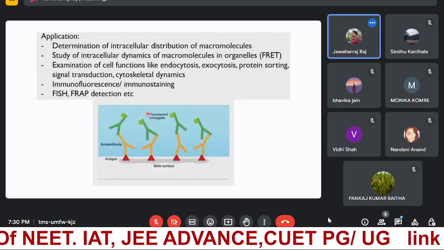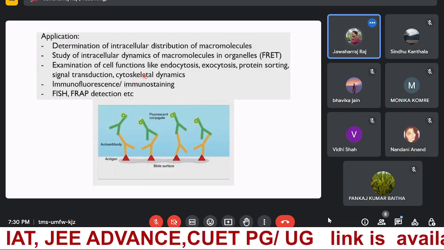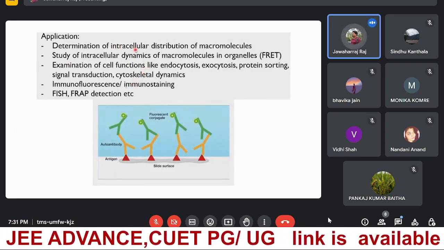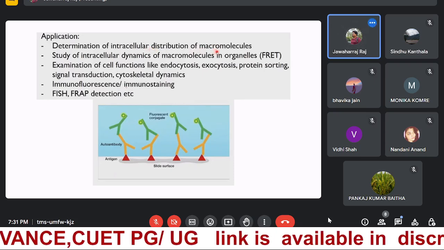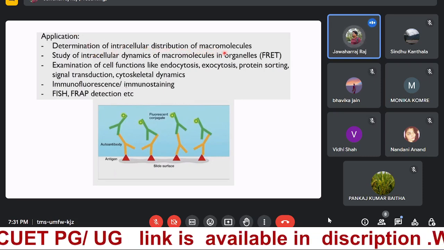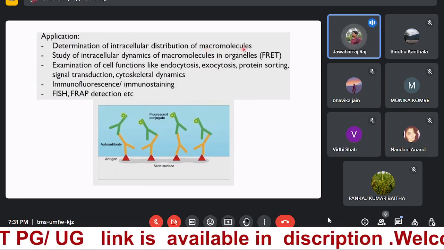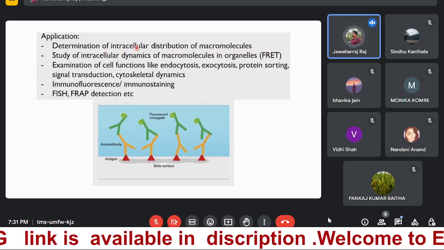Now, what is the application of this fluorescence microscopy? Either you can see the intracellular distribution of macromolecules, like where the proteins are, where the DNA is, where the lipids are inside the cell.